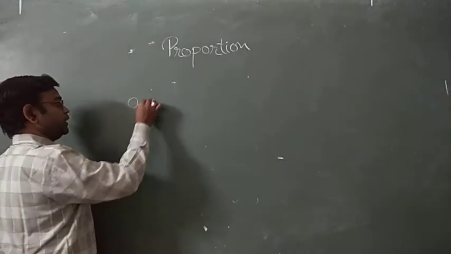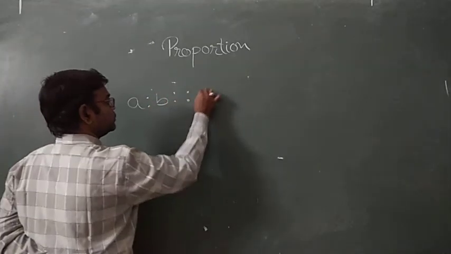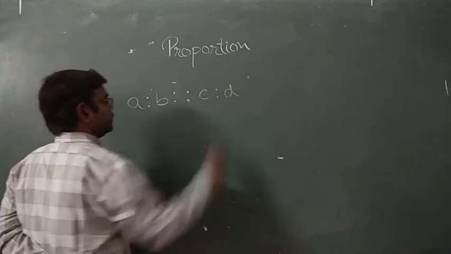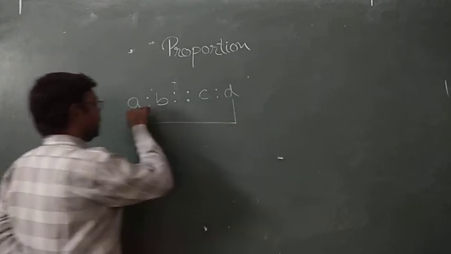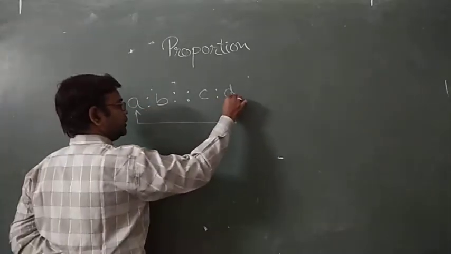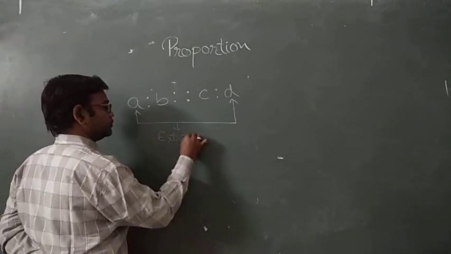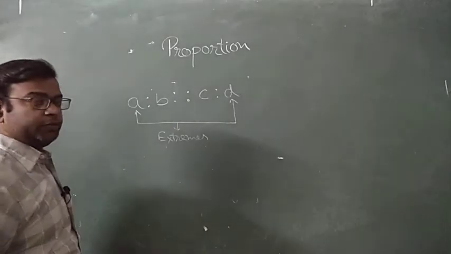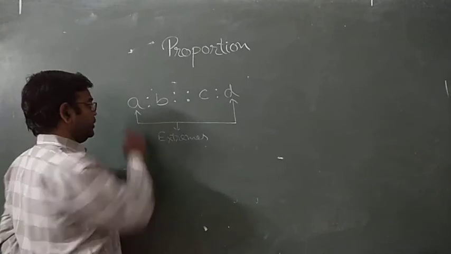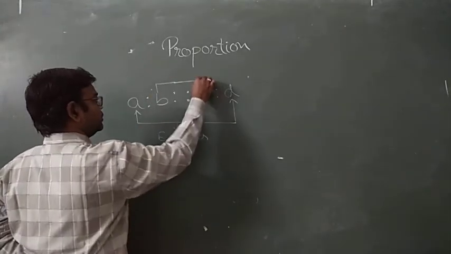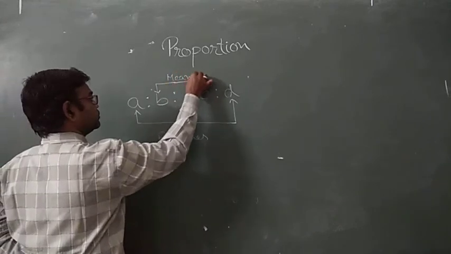If we say that A ratio B proportion to C ratio D, then these two terms A and D are known as extremes. You can also say first term, second term, third term, fourth term, but actually they are known as extremes. They are at the border, and these two terms in the middle of the proportion are known as means.